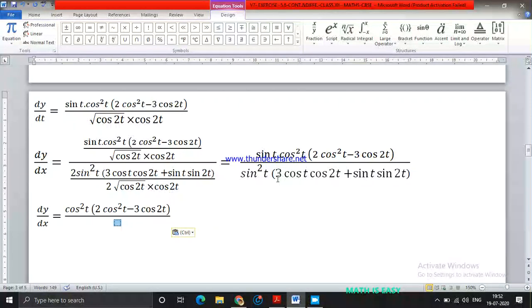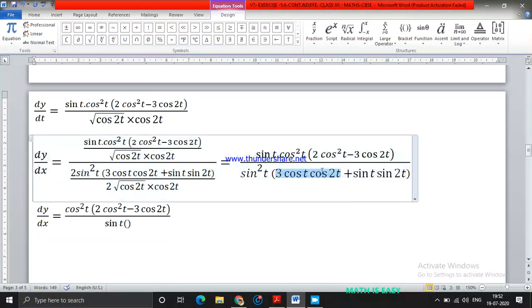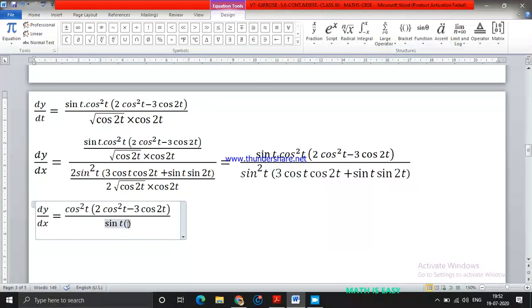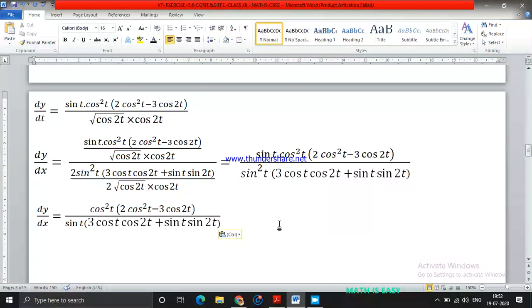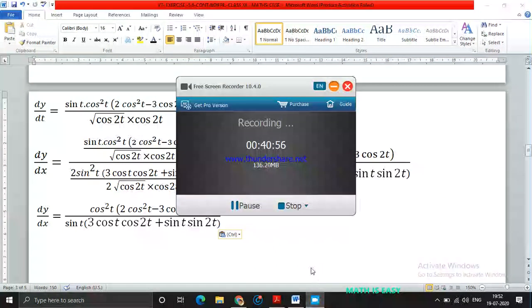Can you take anything common in the denominator? Cos t is not getting cancelled. So here you are left with sin t, then multiply with this term. Now you can think if any further simplification is possible, then simplify, or else leave the answer here itself.